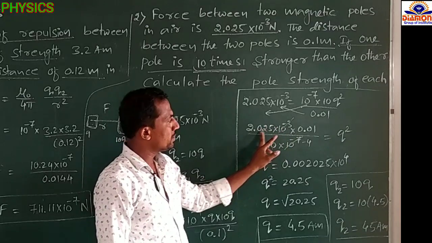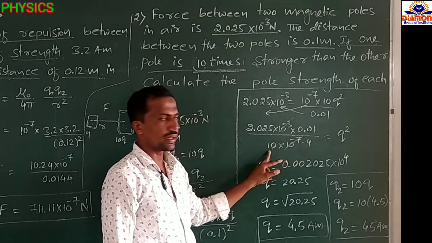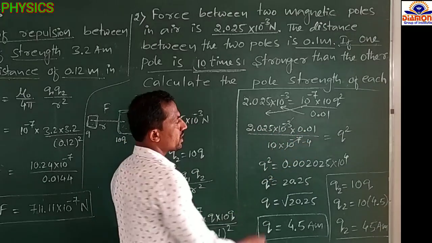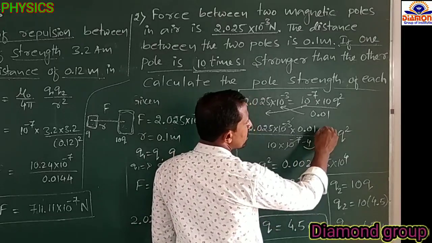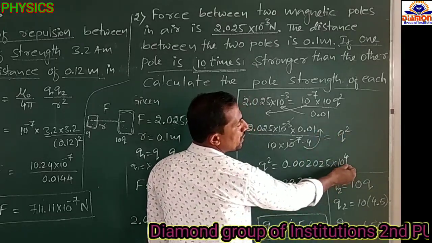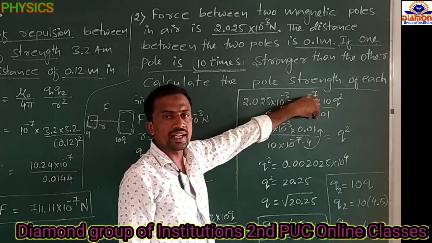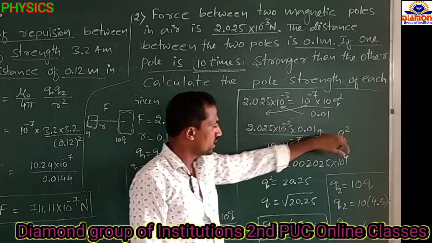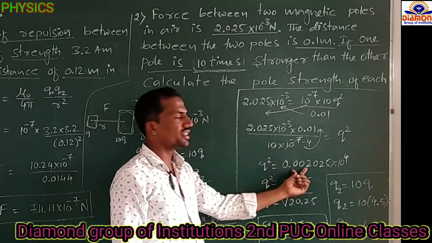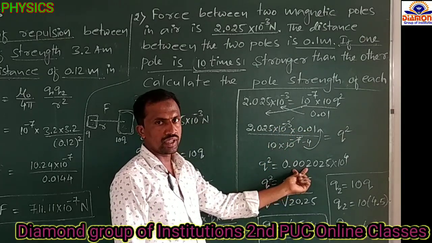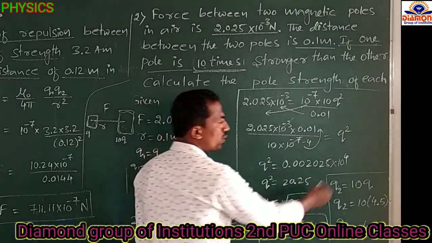Then multiply these two terms and divide. If we take the 10 to the power of minus 4 to the upward side, then it becomes plus 4. Then multiply and divide, and we get 10 to the power of plus 4.